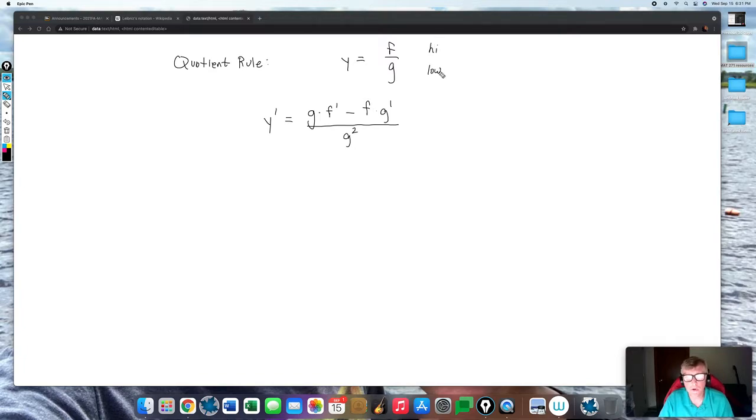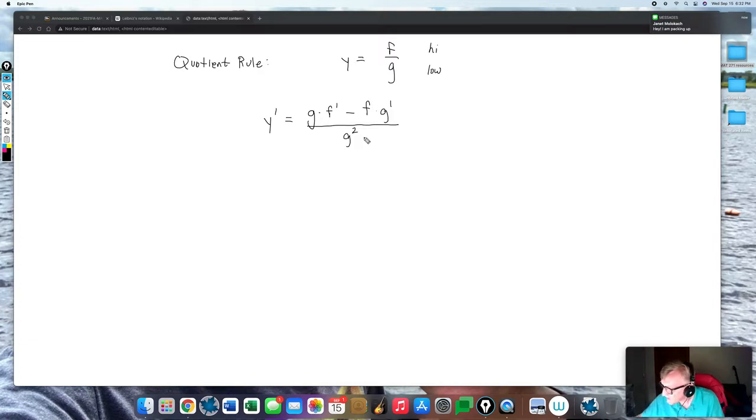Usually we call them numerator and denominator, but it's kind of like a do-si-do or line dance, right? It's low d high minus high d low over low squared. And if you really want to get fancy, you can say low d high minus high d low over low low, because low times low, right? Low low. Okay. All right.